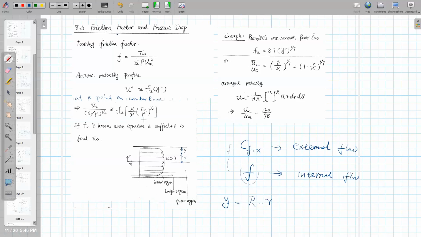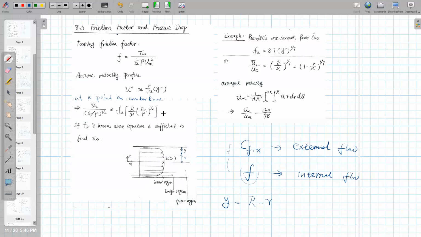We will have this correlation. Look at this correlation here. How many unknowns do we have in this case?